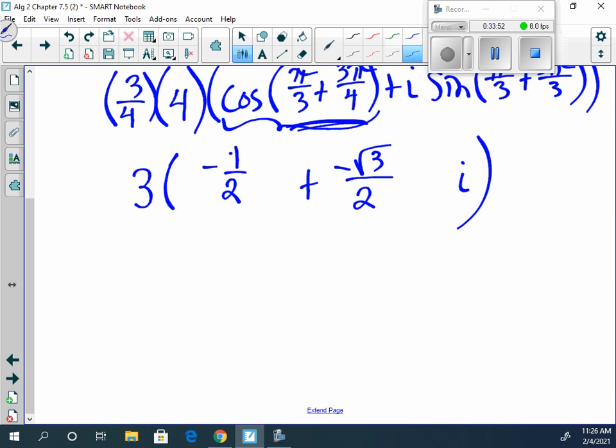And sine doing the same thing, because I have a feeling there's something for sine that's going to do the same thing to it. Then we can just multiply through by 3, which will give us negative 3 halves, not plus, negative 3 square root of 3 over 2i.